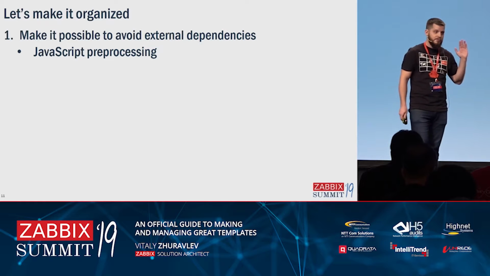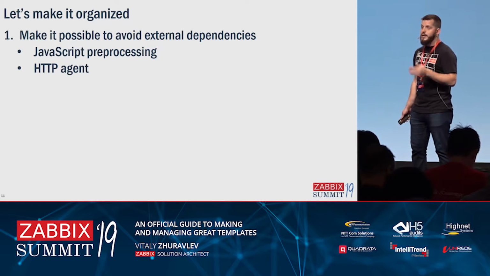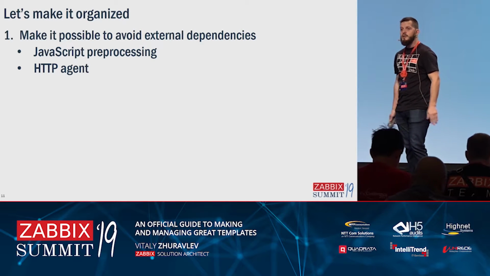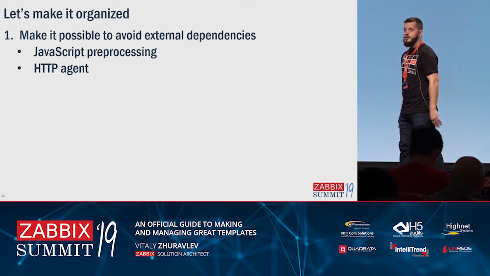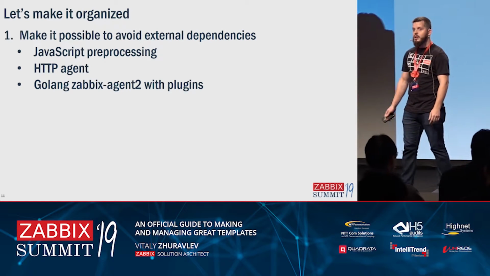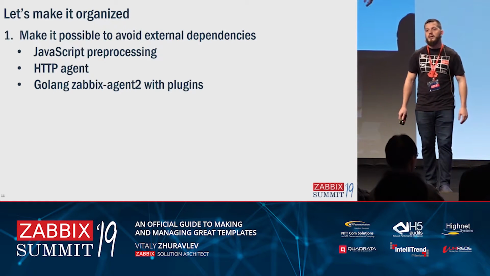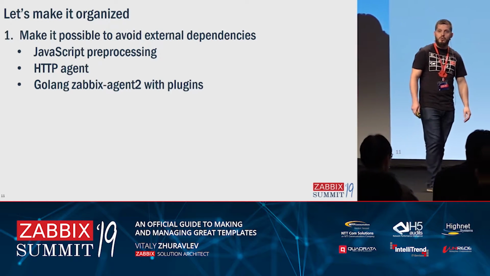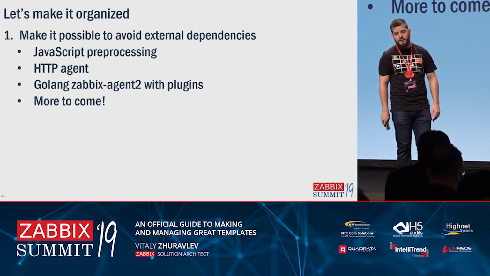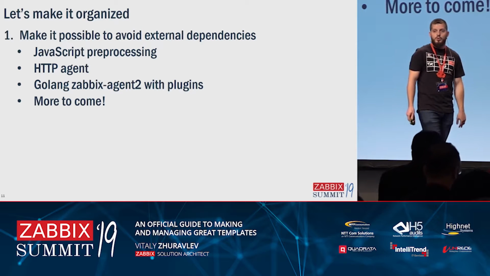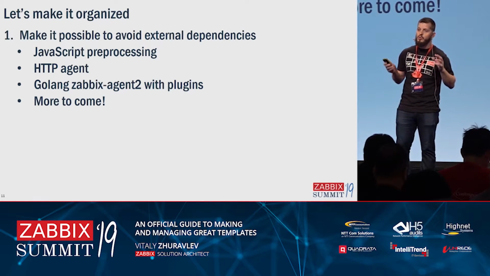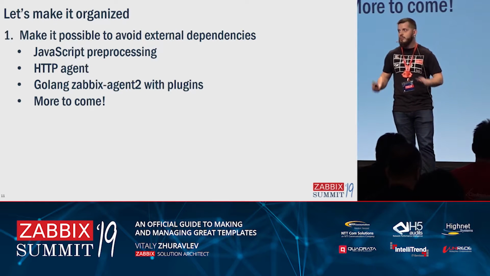Because now you have JavaScript preprocessing, you have the HTTP agent to grab metrics directly from different systems that provide HTTP endpoints. And of course, the new Zabbix agent 2 that you can now use to write some very powerful plugins. And since all this stuff is inside the engine itself, there are basically no dependencies. And more is to come in Zabbix itself to make templates more portable and less dependent on external stuff.